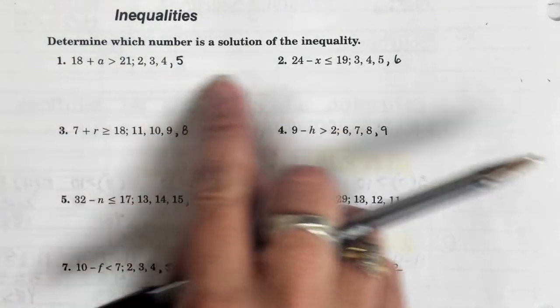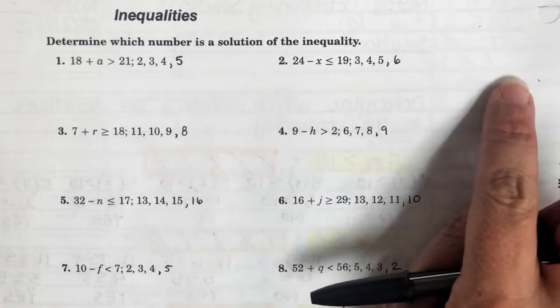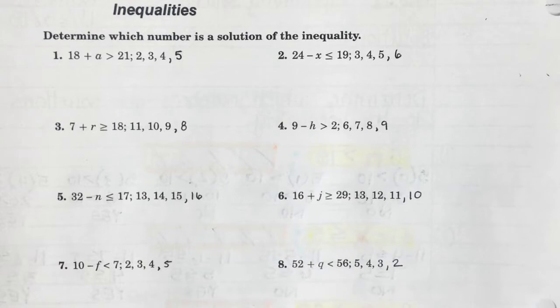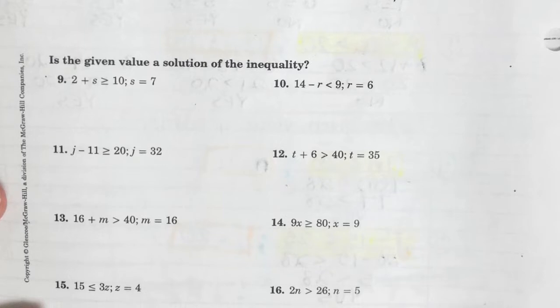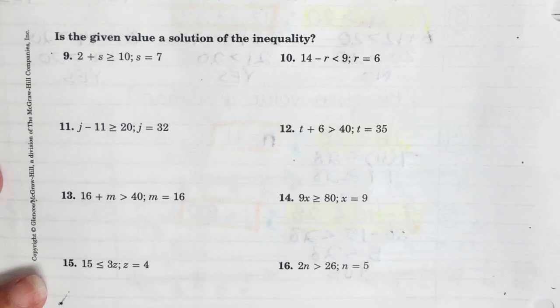So you would have like 4 different math problems right here. I couldn't fit that one, so I had to just do 1. So 1 through 8's multiple choices, like there's a lot of different answers. And then 9 through 16 is just where they're asking 1. Just one variable. Does it work?